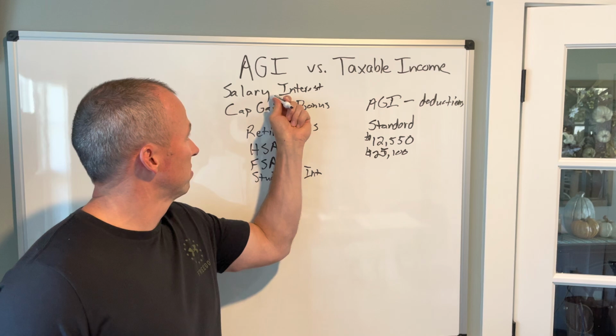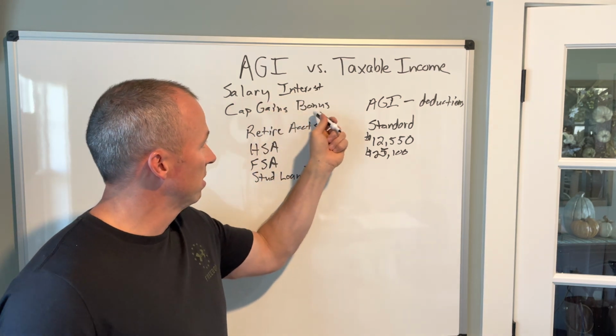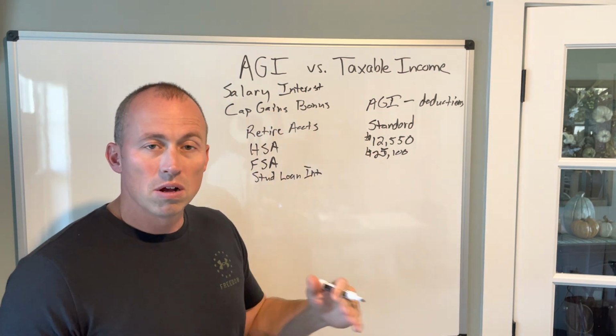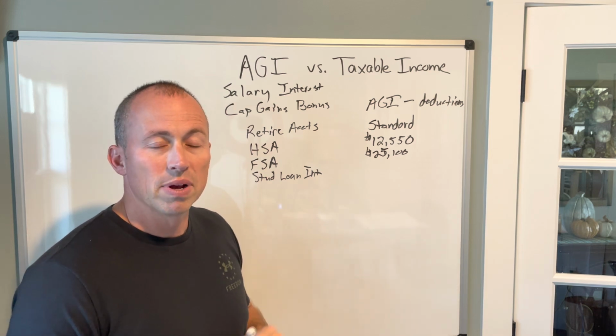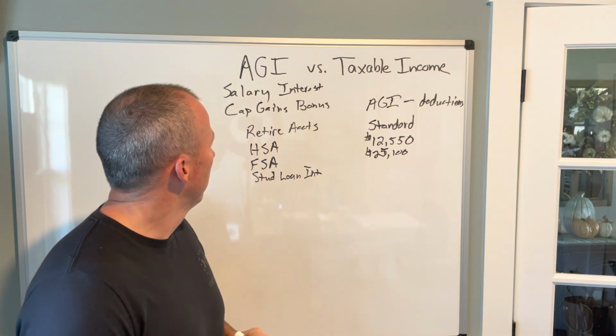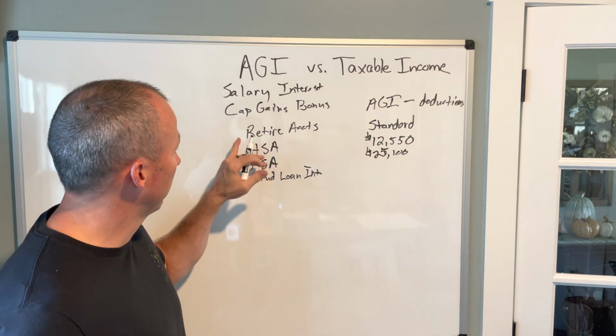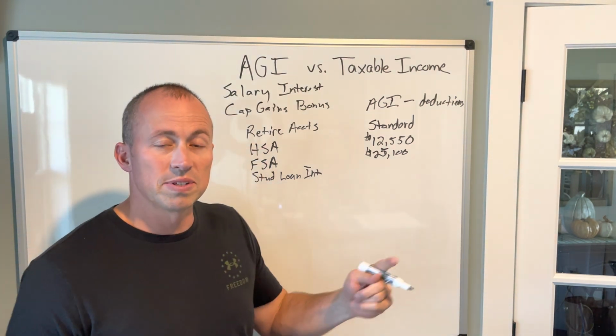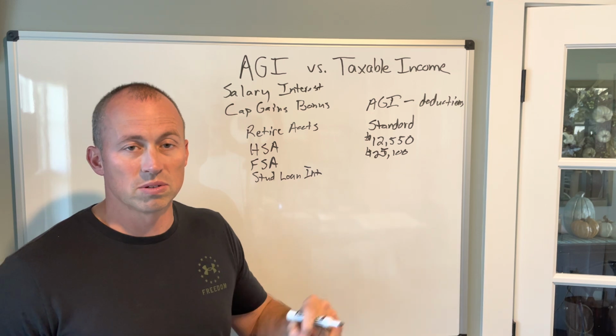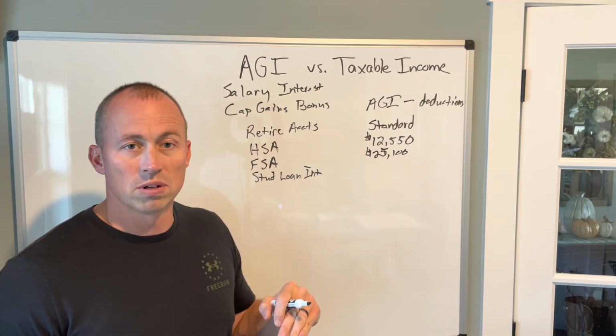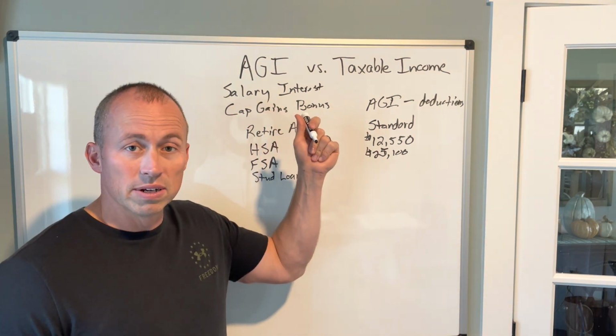So that includes things like salary, interest, capital gains, bonuses. All your income, you add it up, that's your AGI, okay? Now you have some things that you can deduct from your AGI to lower it, like retirement accounts. So your Thrift Savings Plan, contributions to a traditional TSP, that lowers your salary, right?